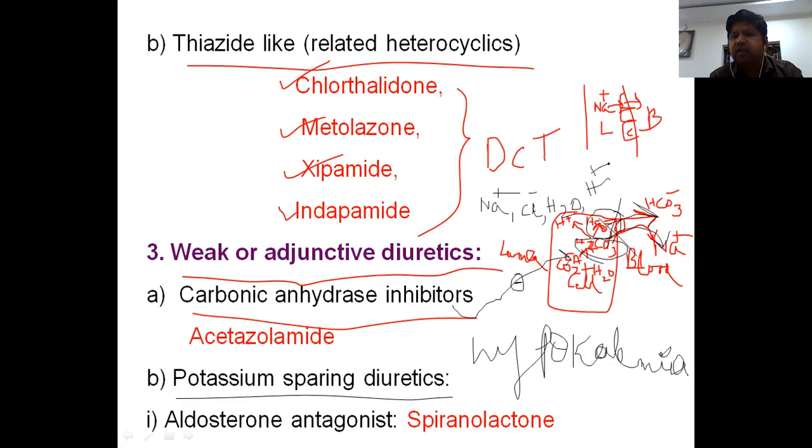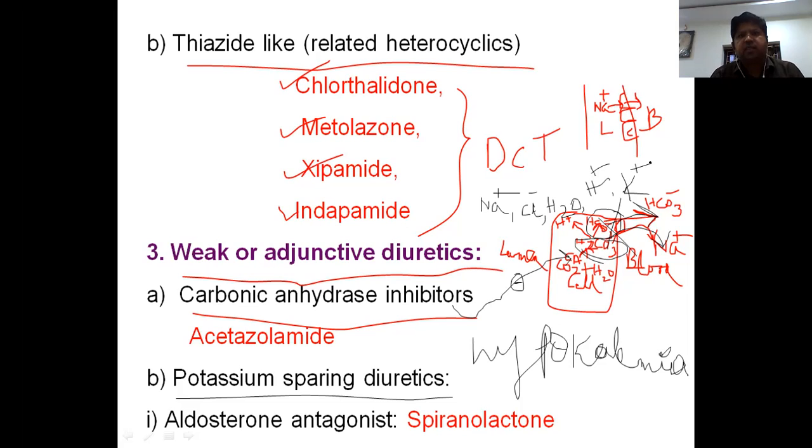H plus ion will also come along with sodium and water, and potassium will also come along with sodium and water. Okay, this is what is happening. As a result, when you use thiazide diuretics or loop diuretics, one of the major side effects is hypokalemia, because it increases the excretion of sodium and water, followed by potassium also going out.